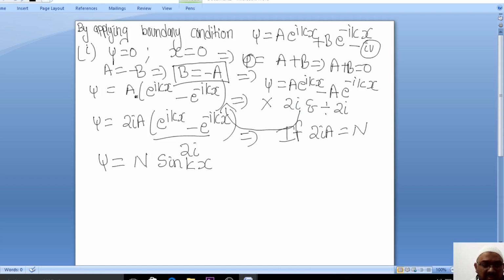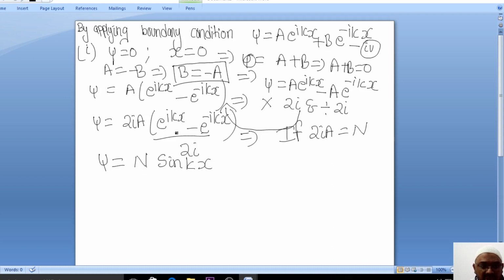So psi is equal to 2iA into (e to the power of ikx minus e to the power of minus ikx) by 2i. If 2iA is equal to N, instead of writing 2iA, we are just replacing it with some parameter N.